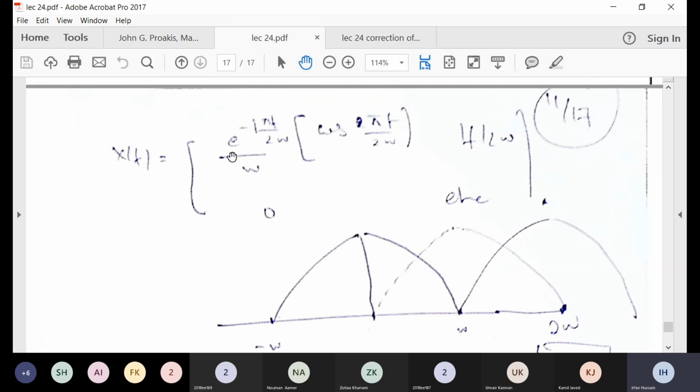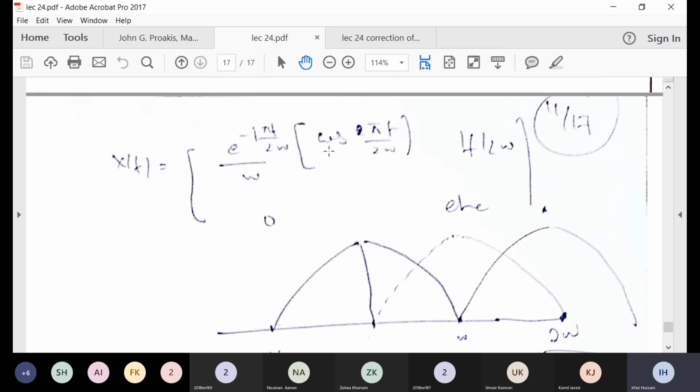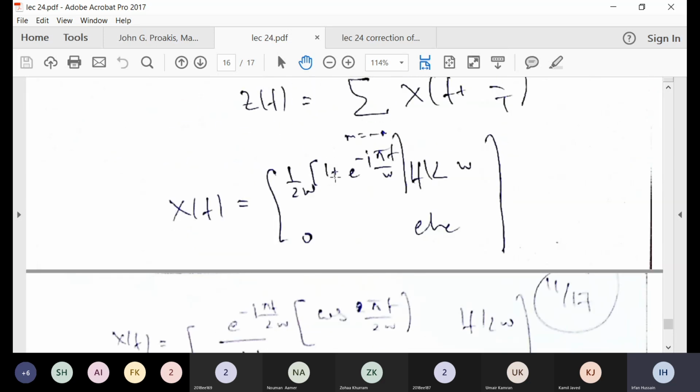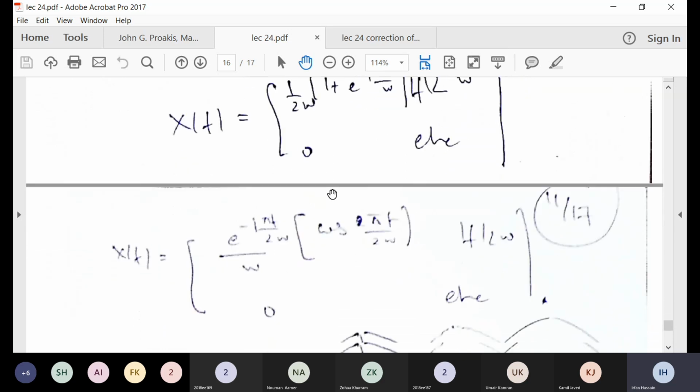You take that common, and X of f comes out to be this thing. I took e to the minus j pi f over 2W common. This will become plus, this will become minus, with 2, and this becomes a cosine. So your X of f is here.